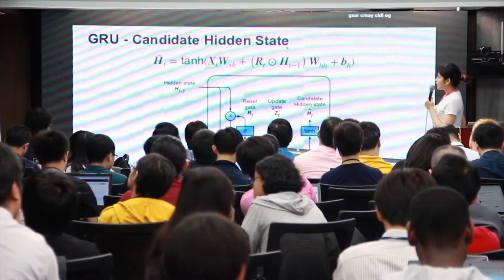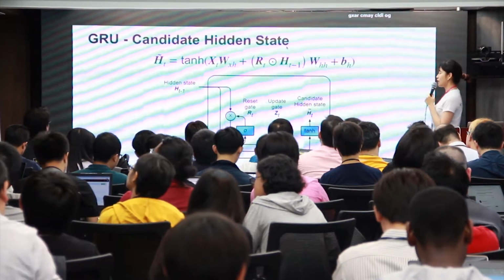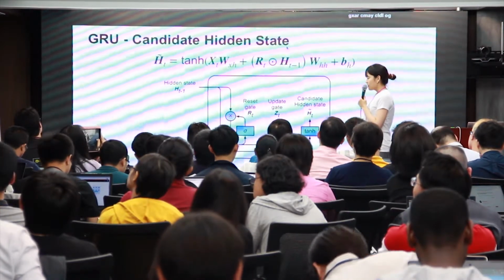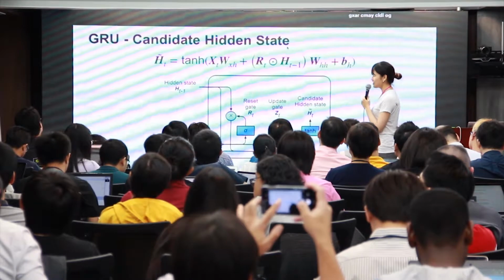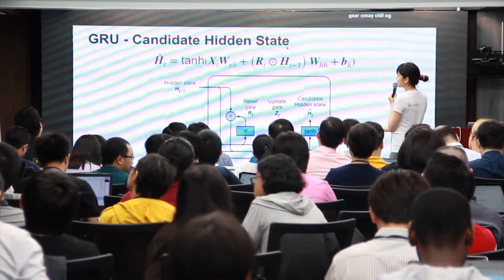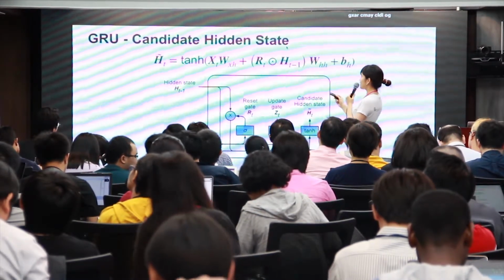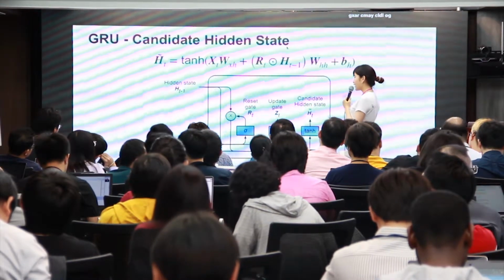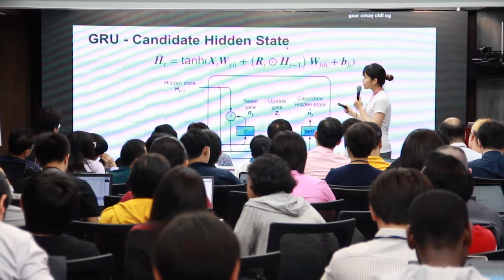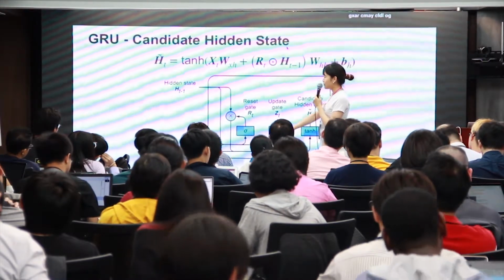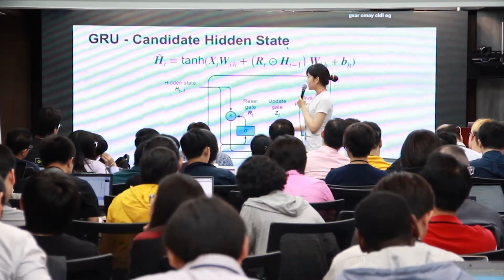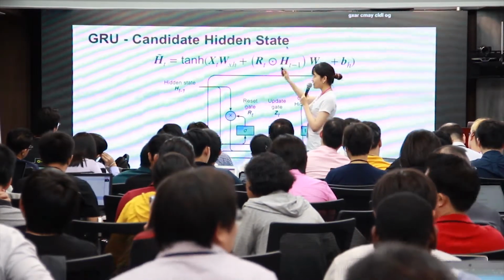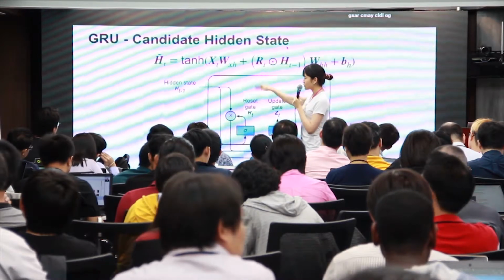So what is the next step? We also have this H tilde. We call it a candidate hidden state. Why is it a candidate? It's not a real one, because it is only used to calculate for the next step. And how do we calculate this candidate? We use the reset gate to reset the previous hidden state. If there's some value from the previous state, whether we should reset it, maybe it's from the previous chapter, we'll just reset it.